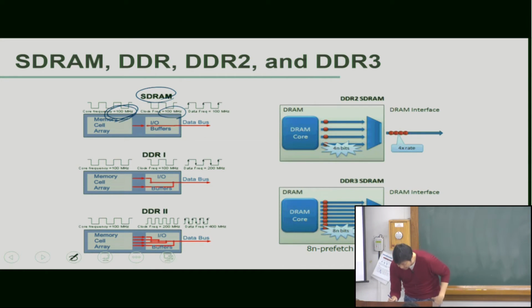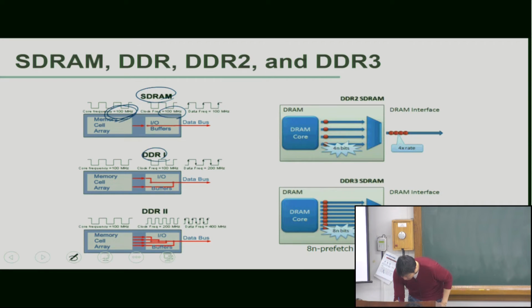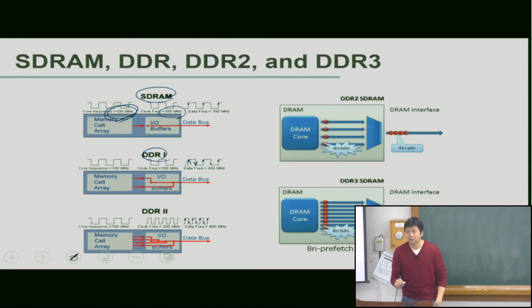Then in DDR1, we latch the value on both the rising edge and the falling edge. So the effective data frequency becomes 200 megahertz, because it's as good as running a 200 megahertz clock.